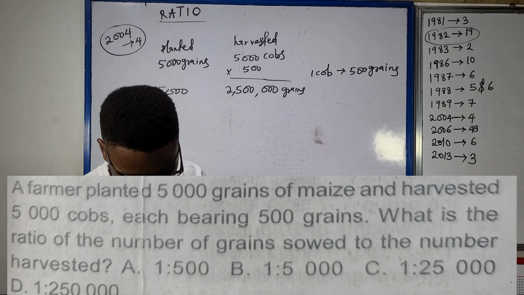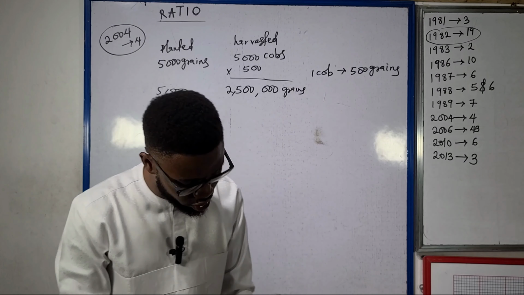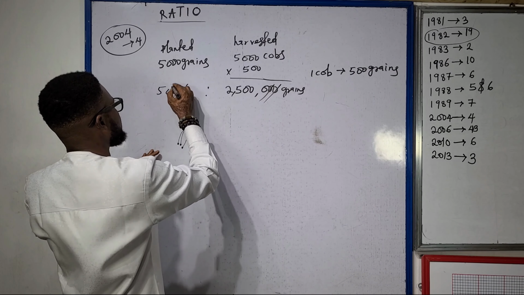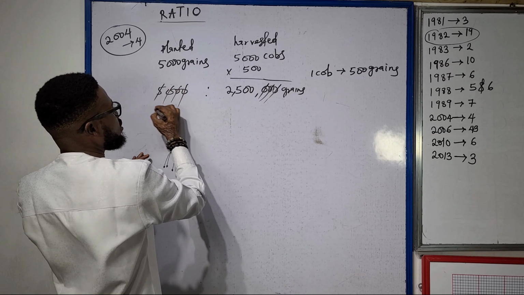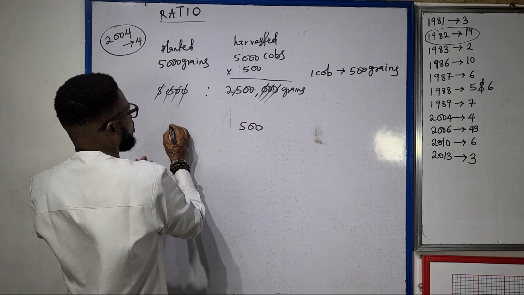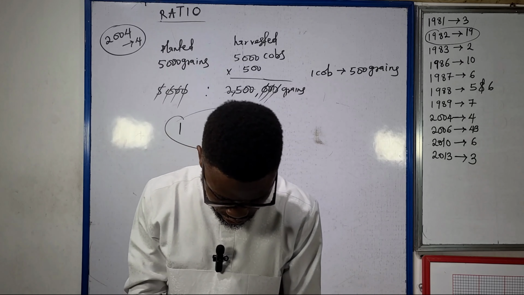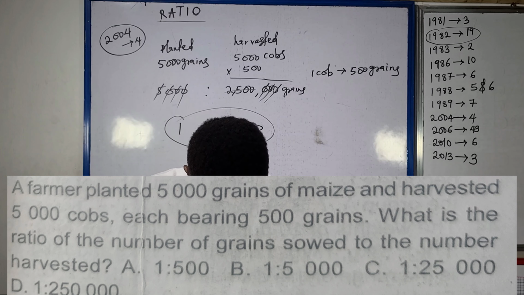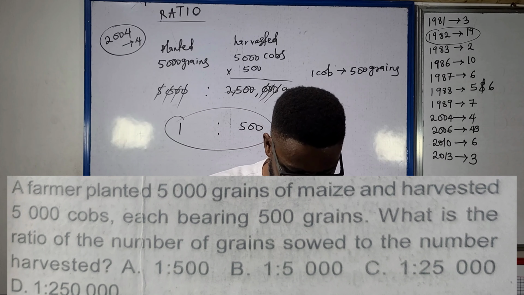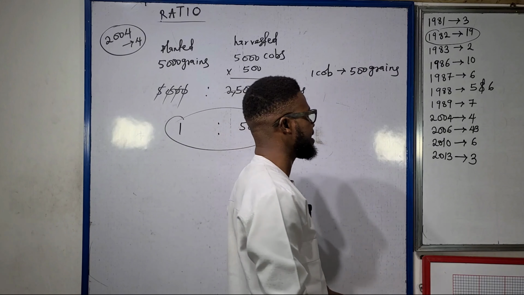What they wanted in this question, question 4, is the ratio of the number of grains sown to the number harvested. 5,000 to this. 5 into 5 is 1, 5 into 2,500 is 500. So what you have here is 1 ratio 500. If you look at the options, the correct option is option A.